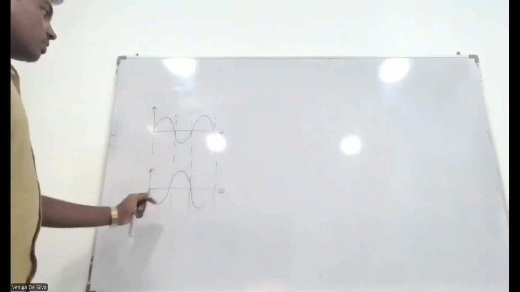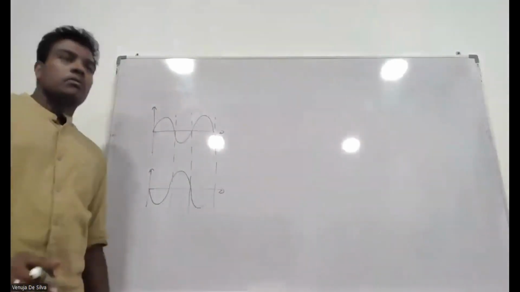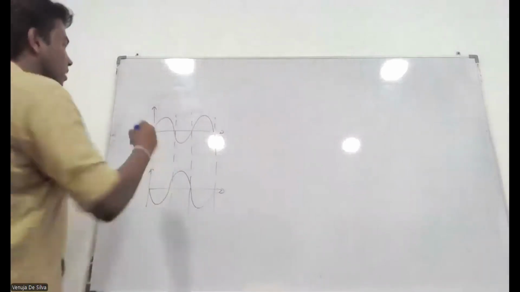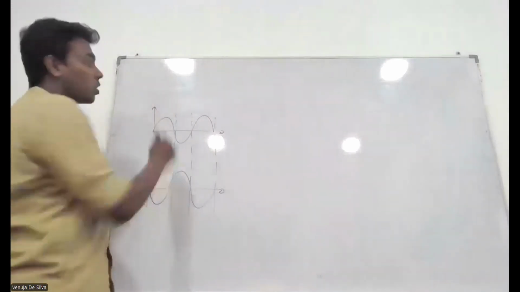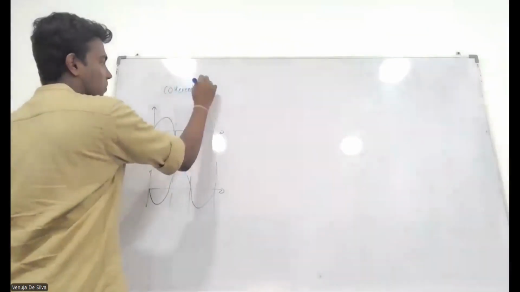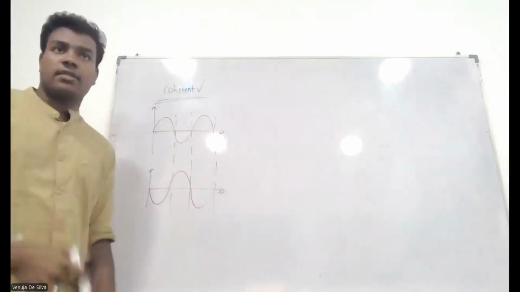This cancels off, this cancels off, this cancels off. The interference would be destructive, but somehow this lets interference happen. So these waves are called coherent. For interference to occur, the waves should be produced by a coherent source. These two waves are coherent.